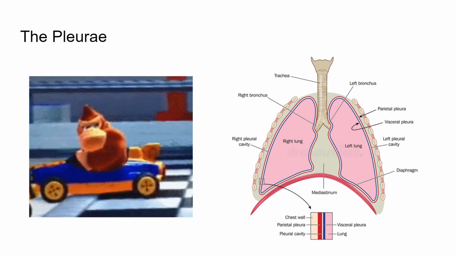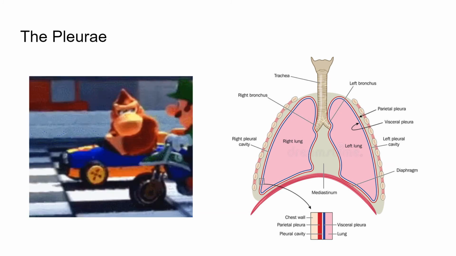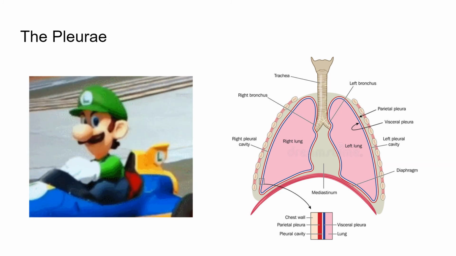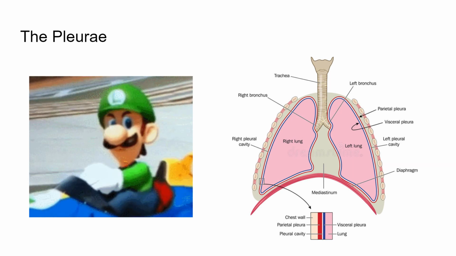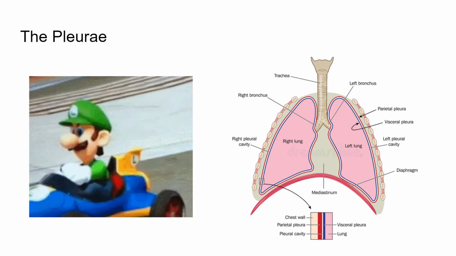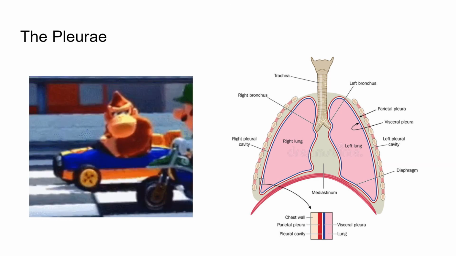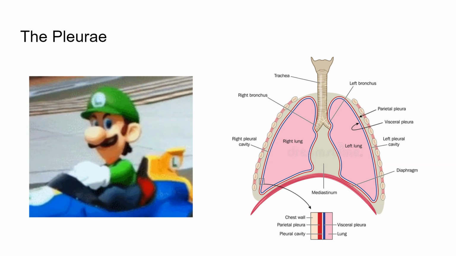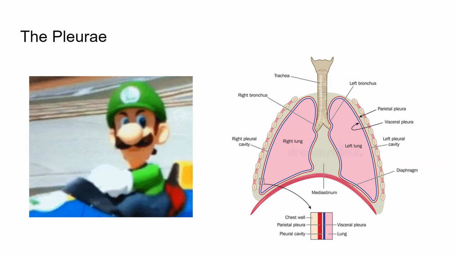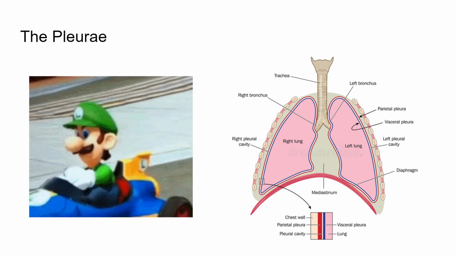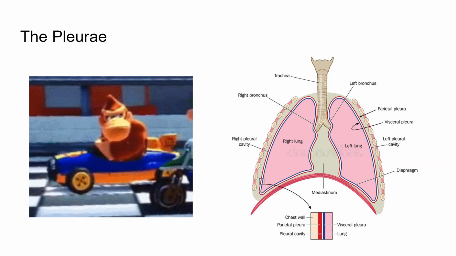And this allows the lungs to expand and contract without any issues. If you have friction between those two pleura, then you can actually have some trouble breathing. Every single breath hurts because of the friction between those two sacs.